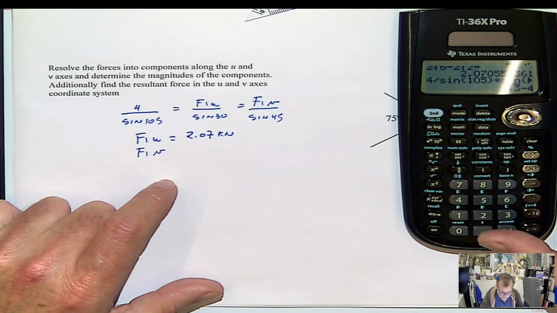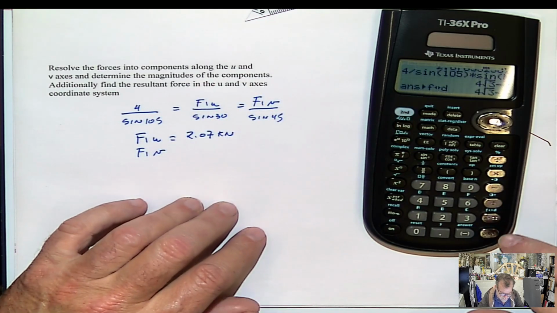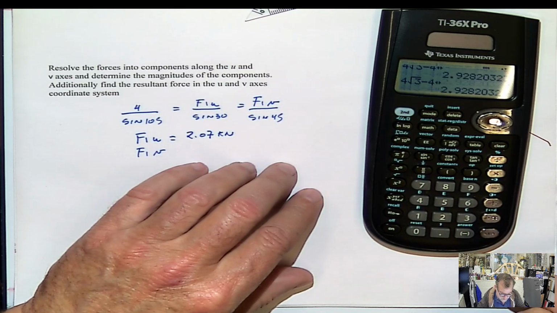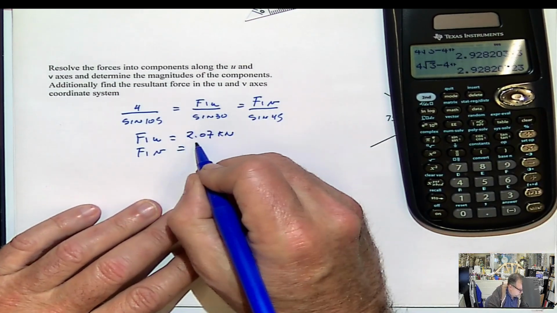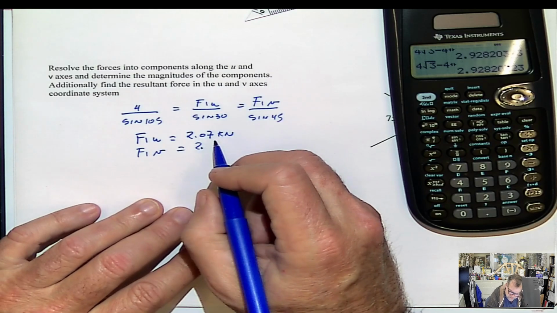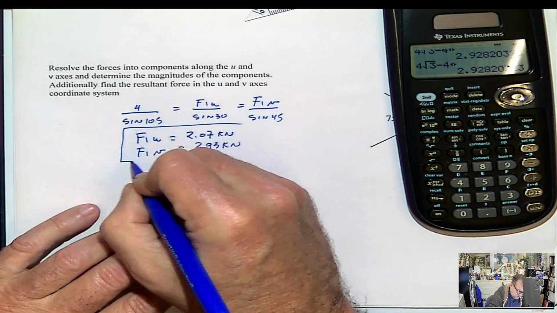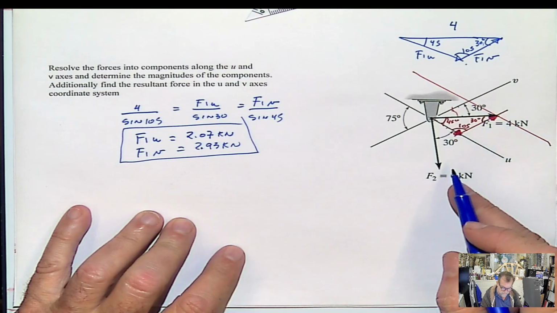And that will be, again, I have to make it permanent in this part. So the answer, there you go, 2.93. These are the components of F1 in the U and V axis, and both of them are positive.